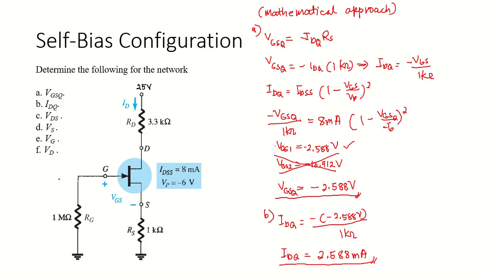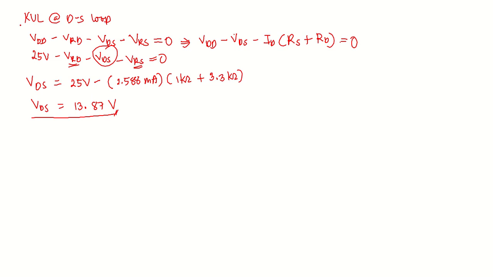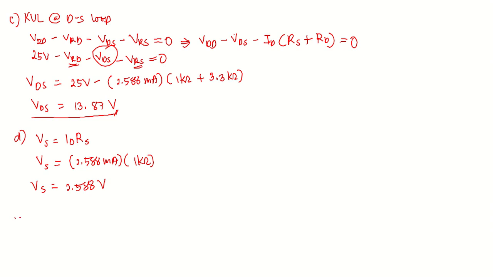Next is VS. The value of VS is simply equal to ID RS. So substituting the value of ID, 2.588 milliamperes, times 1 kilo ohm, our VS is simply equal to 2.588 volts. Next is our VG.